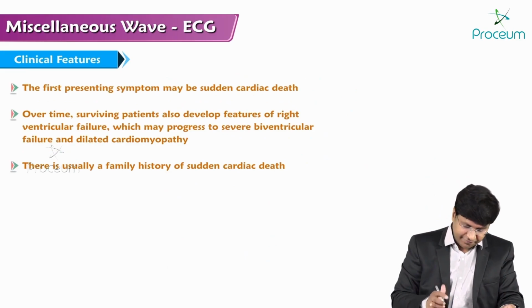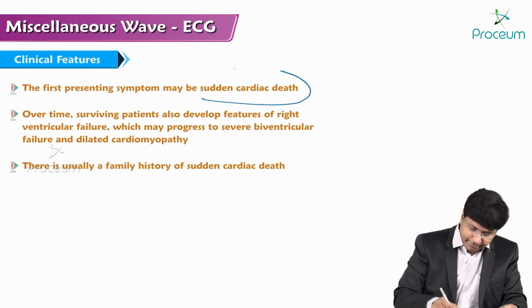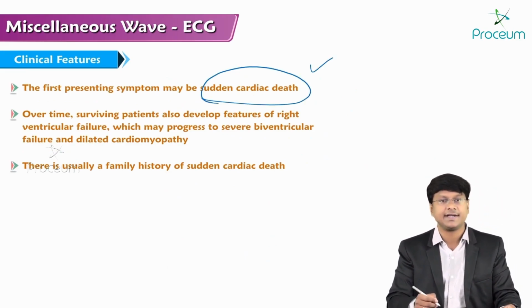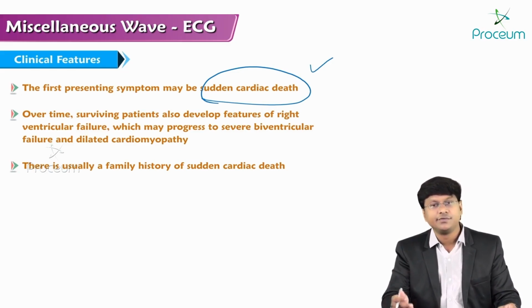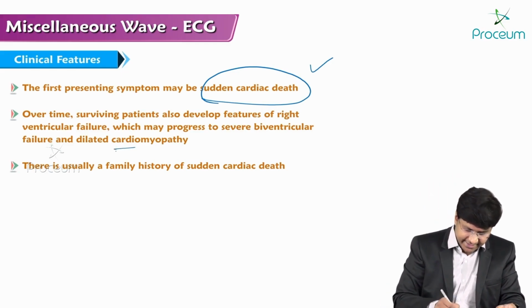So the first presenting symptom may itself be sudden cardiac death sometimes, and over time the surviving patients also develop features of right ventricular failure, which may progress to severe biventricular failure and dilated cardiomyopathy.